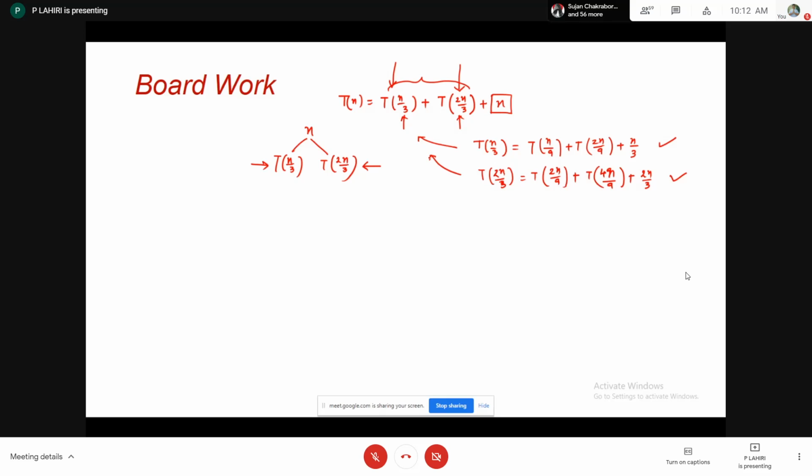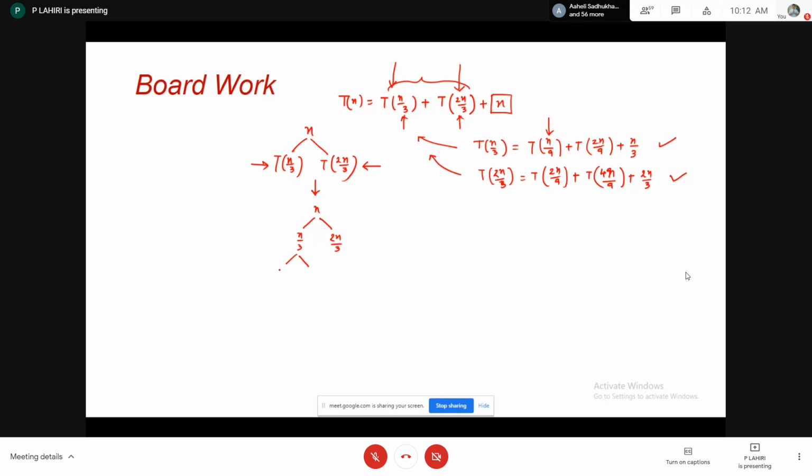Yes, sir. So now it will be expanded as n, then n by 3, then twice n by 3, then what will be the subtree of it? T of n by 9, then T of 2n by 9.